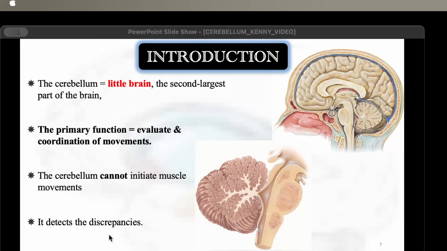So it detects the discrepancy, and it helps us to correct that discrepancy with no problem. So if we have damage to the cerebellum now, we will be able to make movements, but the movements might have some errors. Why? Because the part that was supposed to detect this discrepancy and counter them is gone, which is the cerebellum.